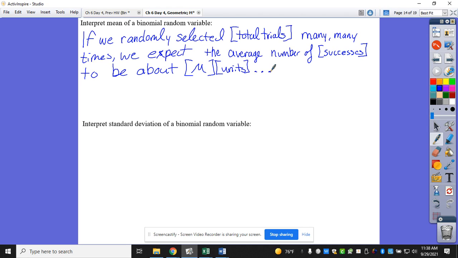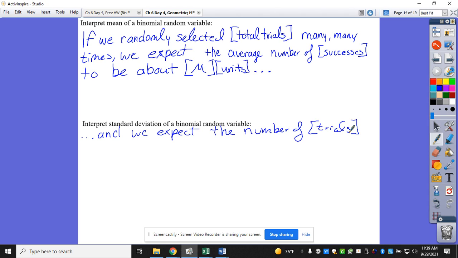And then continuing that, and we expect what from there? The number of trials, successes.